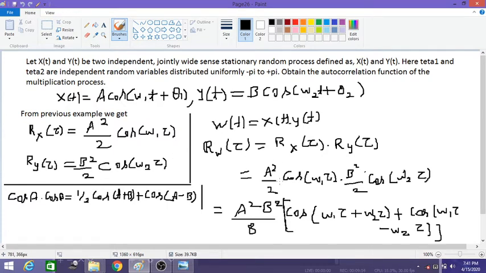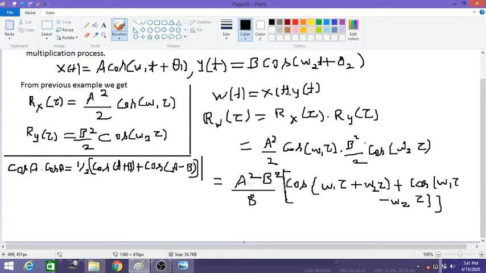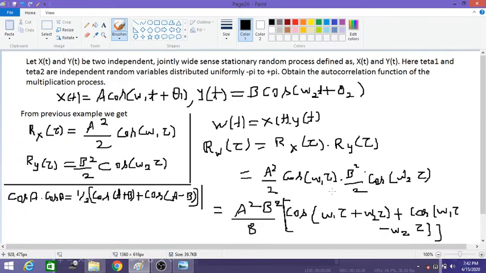Then we apply the cos A into cos B formula, that is half cos A plus B plus cos A minus B. When we apply that, we will get A square into B square by 8 into cos of omega 1 tau plus omega 2 tau plus cos of omega 1 tau minus omega 2 tau. So this is the answer. No need to simplify further or represent it in any other form. We can keep it in this form.